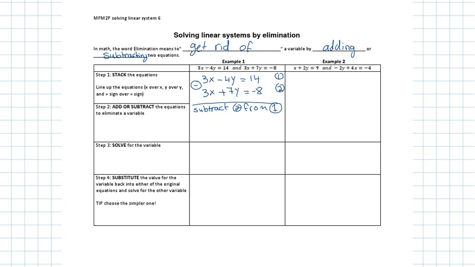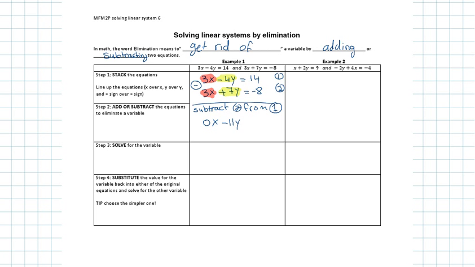So 3x take away 3x. What do I get? 0x. Good. Now, negative 4y take away 7y. What do you get? So negative 4y take away 7y. Negative 11y.